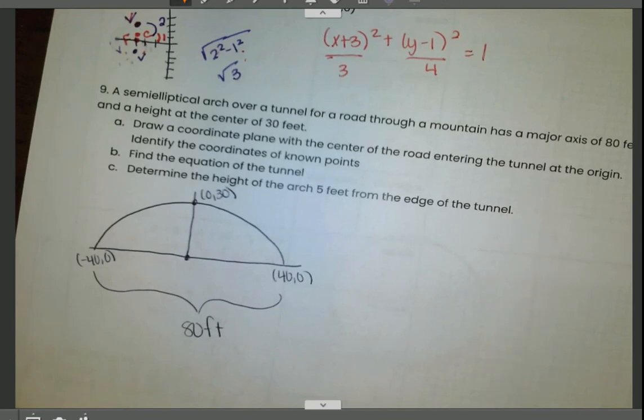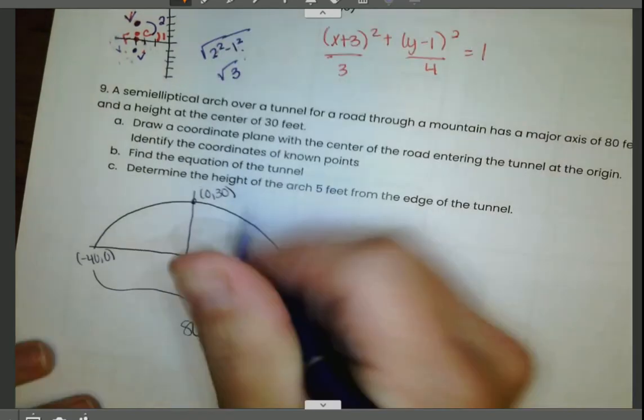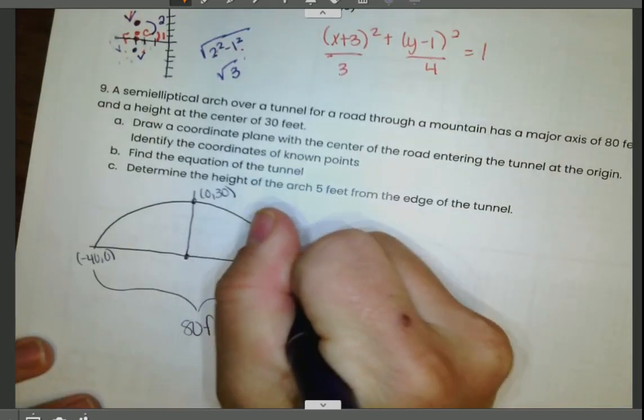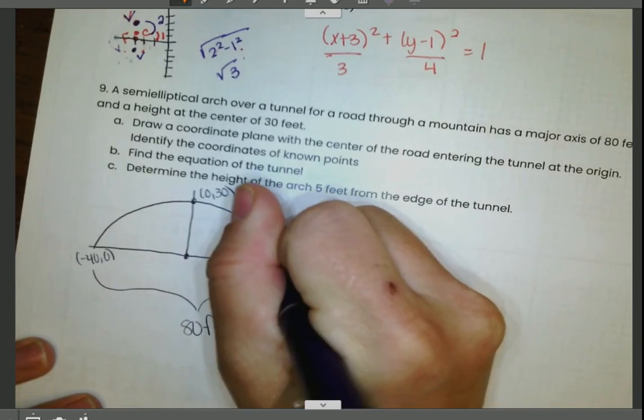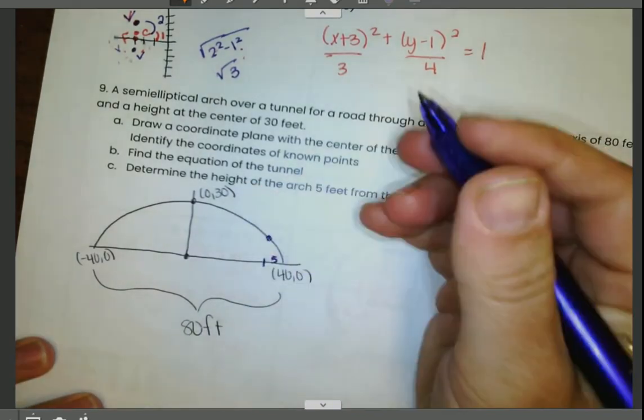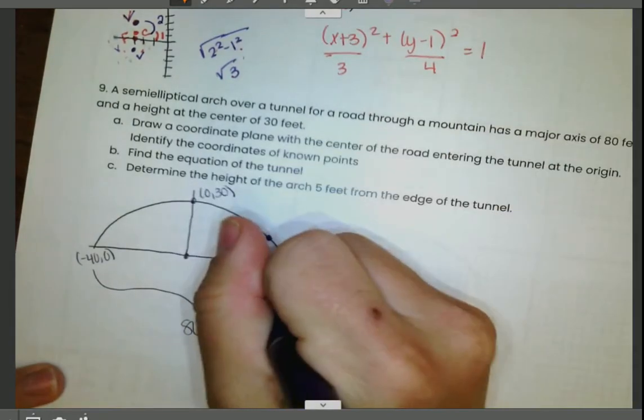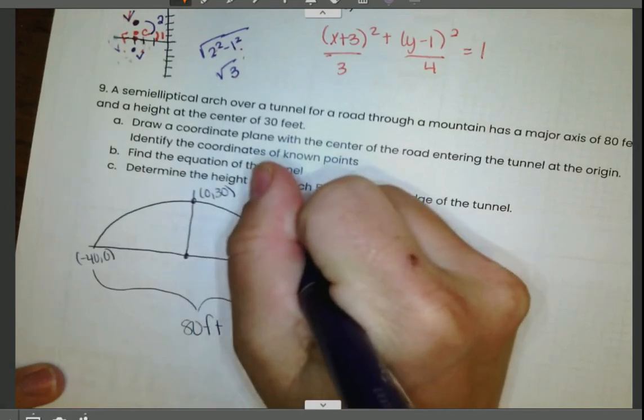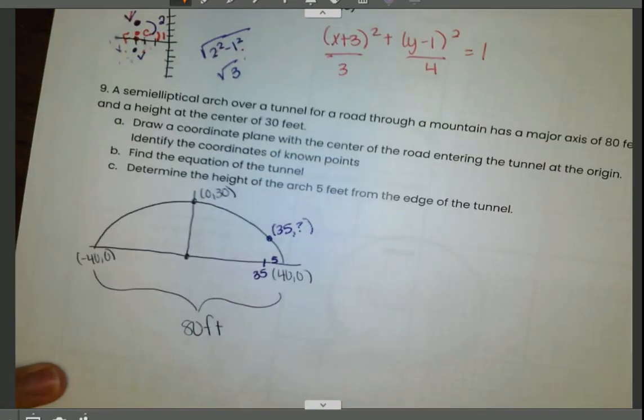And we want to identify the coordinates of known points and then find an equation of the tunnel and then also determine the height of the arch 5 feet from the edge. So we're going to go back 5 feet, and I want to know what this coordinate is. So back 5 is 35, so 35 comma y.